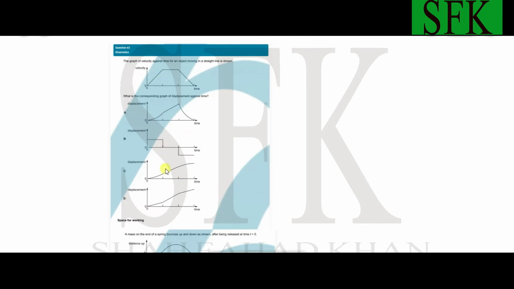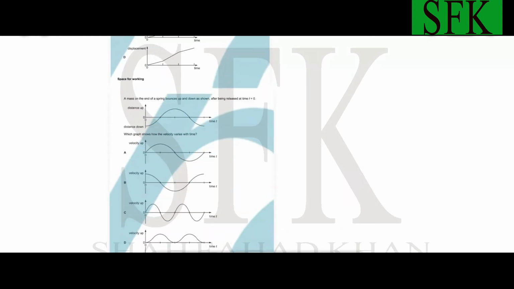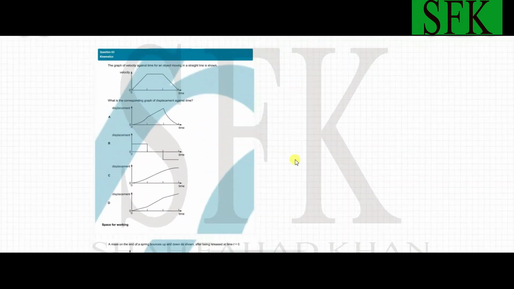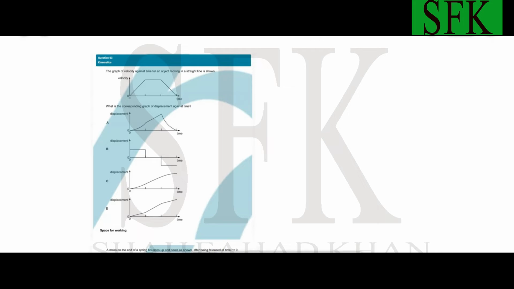Of the 4 options, in option B the gradient is 0, so B cannot be the answer. Let's look at option D. The gradient is constant. It's not 0, but the slope is constant, so D cannot be the answer either.